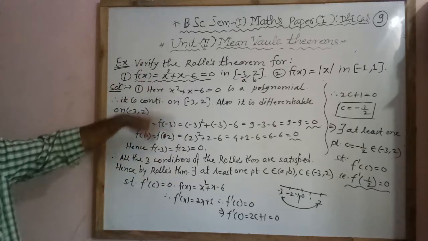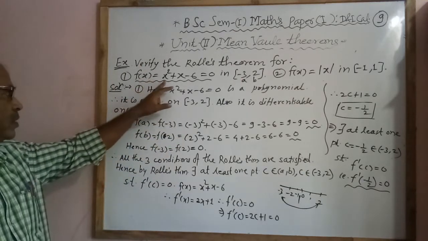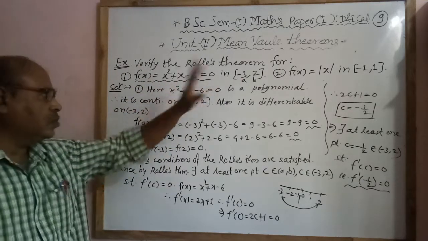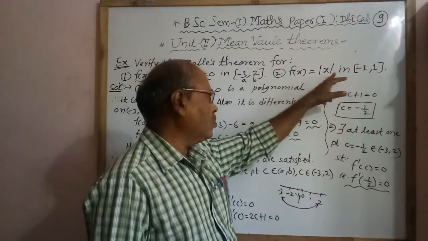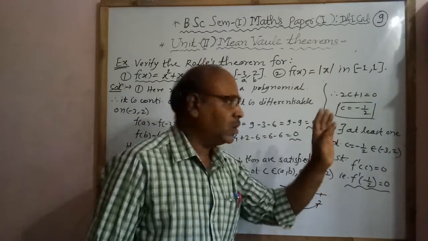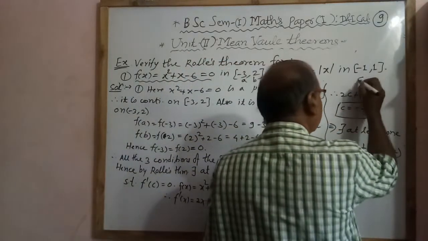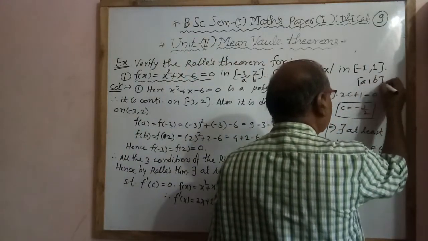Hence the Rolle's theorem is verified for the function f of x equal to x square plus x minus 6 equal to 0. Similarly we take the function f of x equal to mod of x in the interval minus 1, 1. Here the closed interval is this AB.